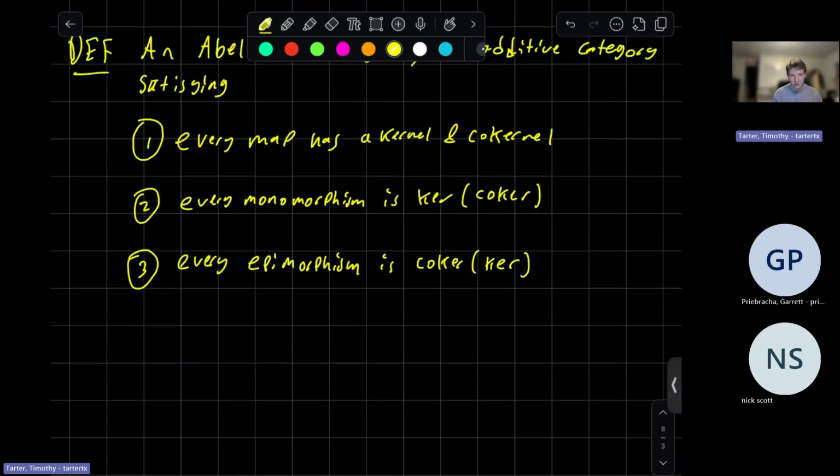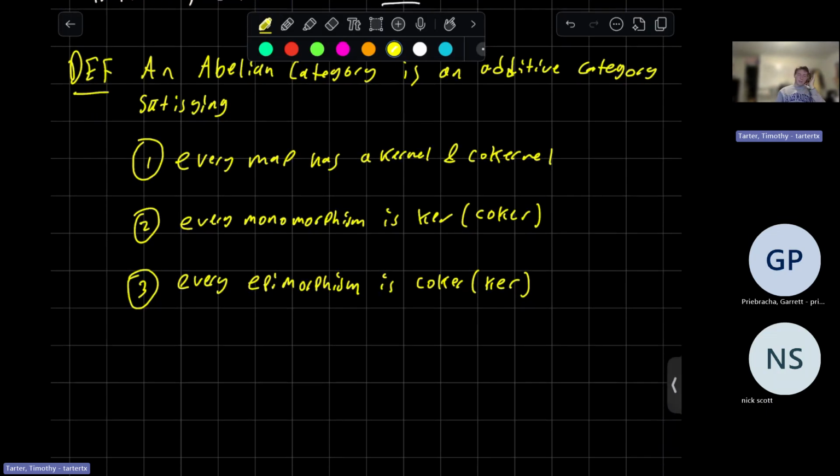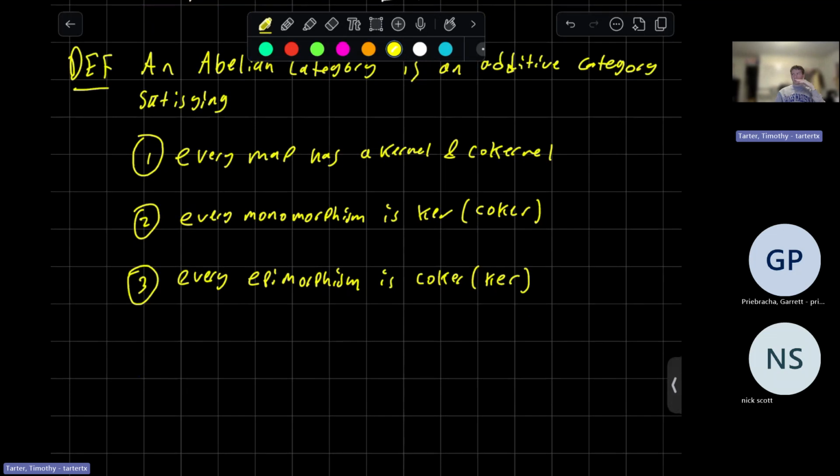Hold on, I'm trying to wrap my head around how to put that in terms of linear transformations. Every epimorphism, so a surjection, is the co-kernel of its kernel.